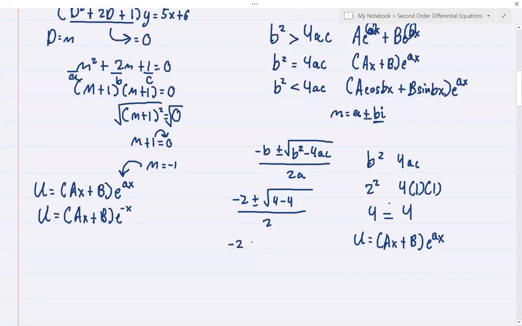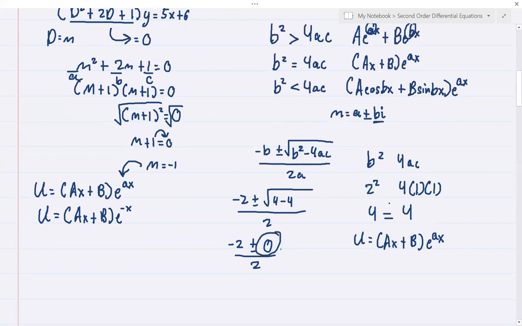So let's simplify. We will have negative 2 plus or minus square root of 0 all over 2. And remember, the square root of 0 is just 0. So we will have negative 2 plus or minus 0.